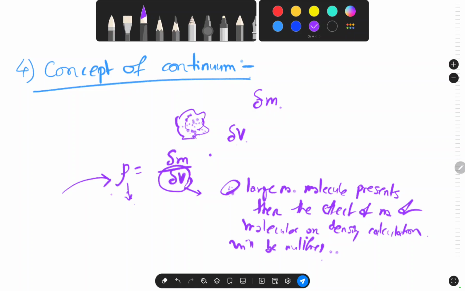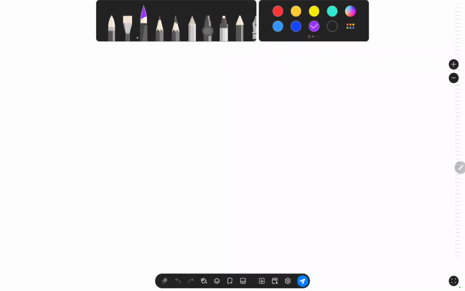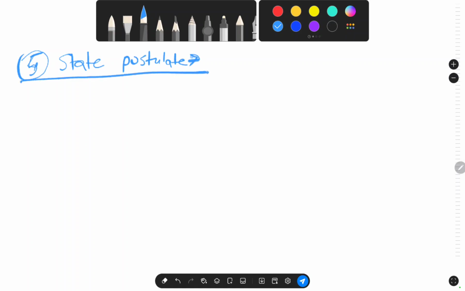Next topic is what we call the state postulate. So here actually we bring the concept of a pure substance. A pure substance is one which has a homogeneous and invariable chemical composition throughout its mass.